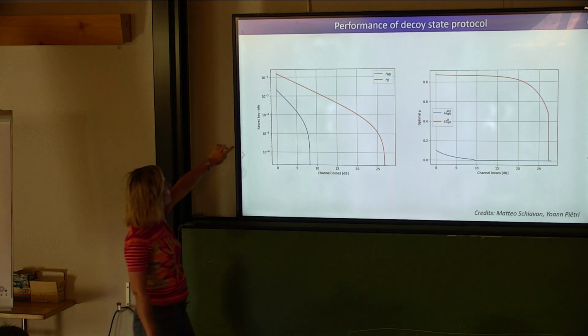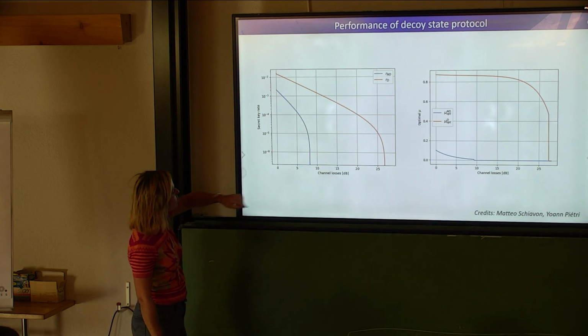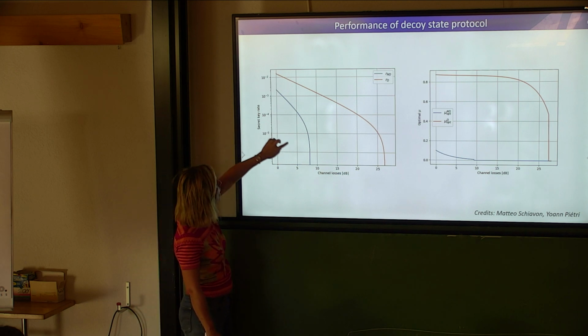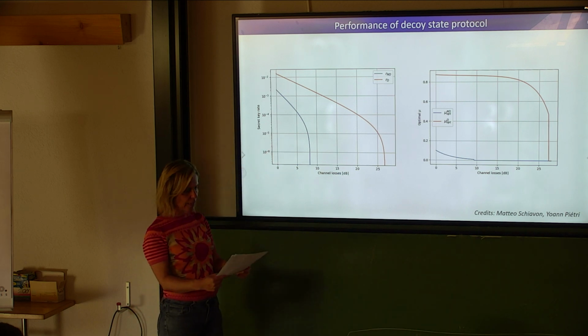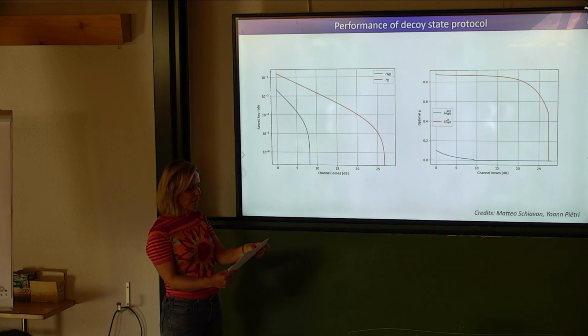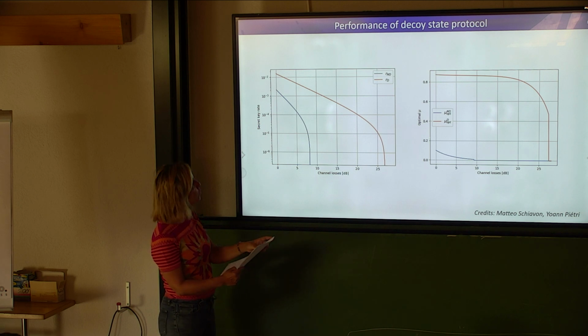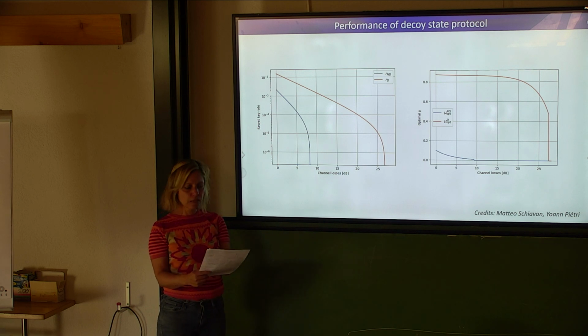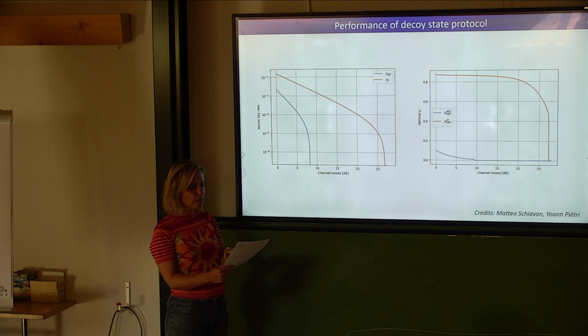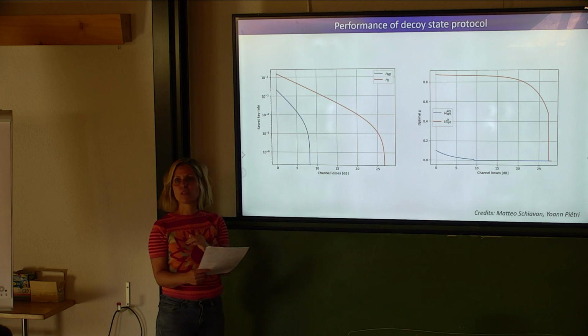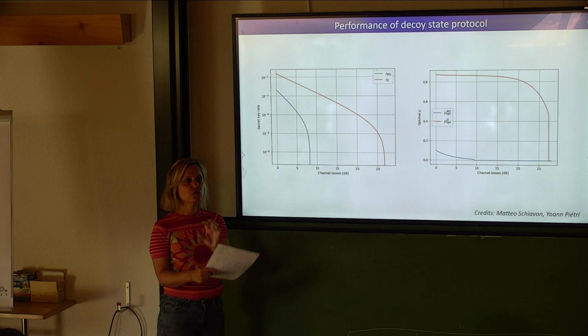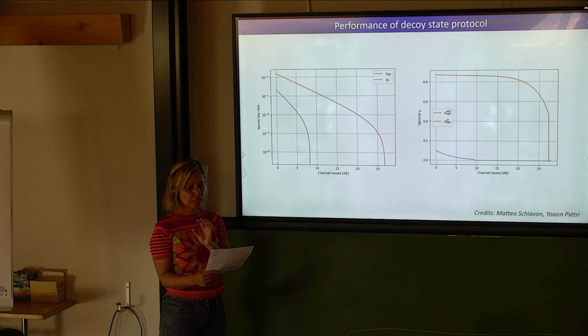And so we have the secret key generation as a function of channel losses. What are the numbers that we have used? The sifting parameter is 1/2, quantum efficiency 10%, dark count rate 2 times 10 to the minus 5. These numbers correspond to single photon detectors that are usual avalanche photodiodes.